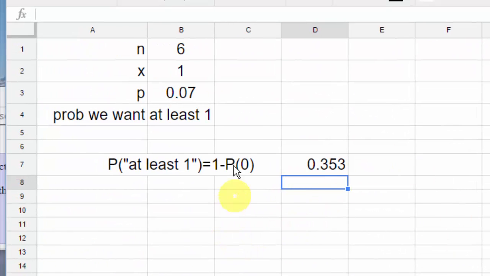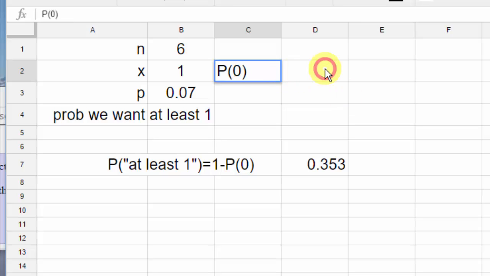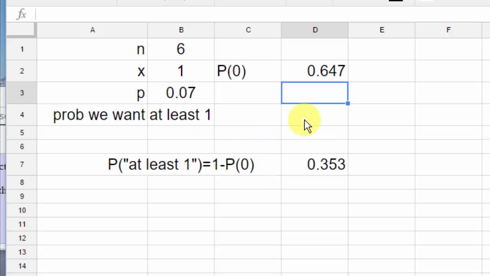So the probability of 0 is 0.647, and just like we said here, if we take 1 minus that, we get the same thing that StatTrek gave us for at least 1. So there's a couple of ways to go here, and there you have it.